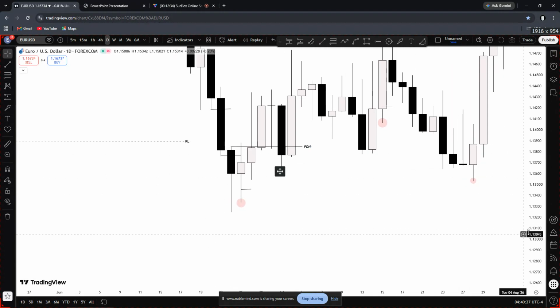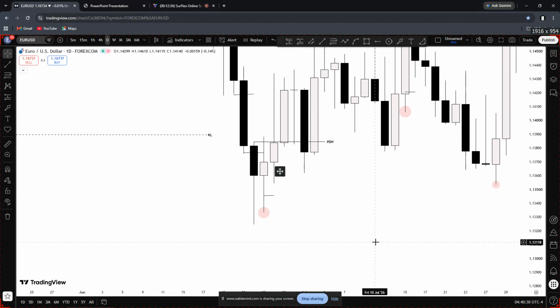Now, let's go down to the 4-hour time frame where we are going to get our narrative and context, which is simply the dealing range, our break of structure, and our key level for us to determine the 5 a.m. CRT.